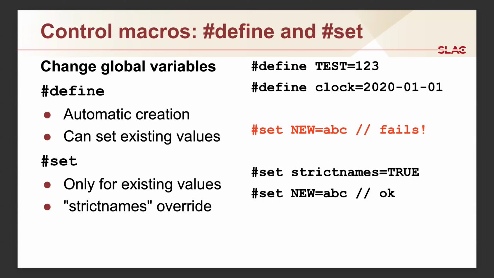If you disable strict naming convention, then you can set values, and set essentially then behaves exactly like define. But the purpose is to ensure that you don't accidentally set something that doesn't exist. So as a general rule, unless you're absolutely certain you're meaning to define something new, set is probably a better macro to use to set global variables.